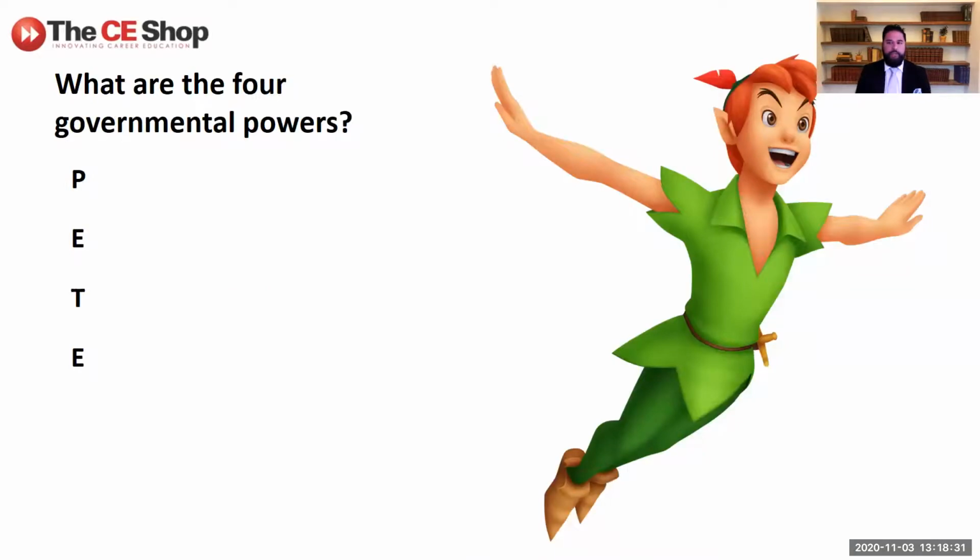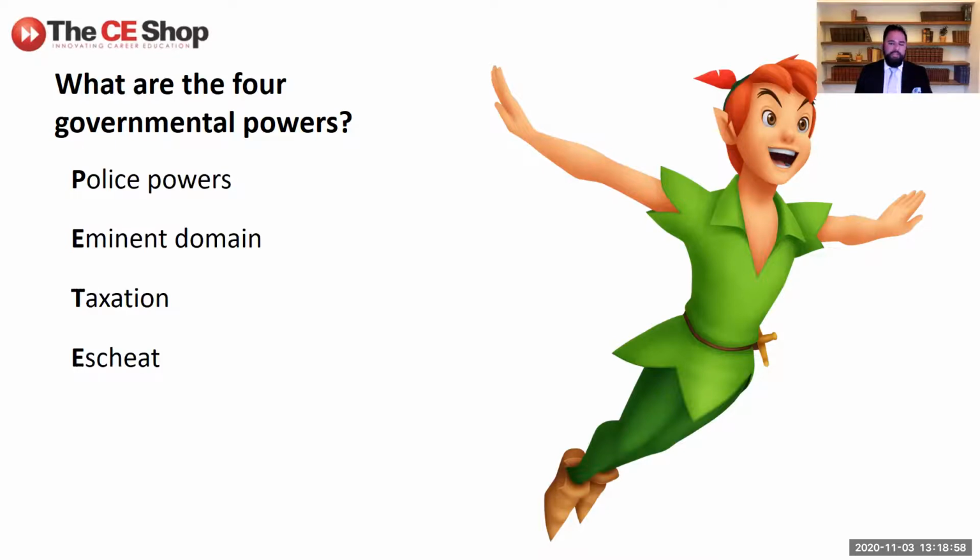Now, here's our good friend, Peter Pan. When we talk about the use of property, there are two ways that we can determine rules and regulations. One is from the government and what the public powers are. The other is private restrictions. So we're going to look at Pete. Pete's cool, right? Because he flies around and he can see what everyone's doing and he can say, hey, I'm representing the public here. Let me tell you how you can utilize property and what your rights are.